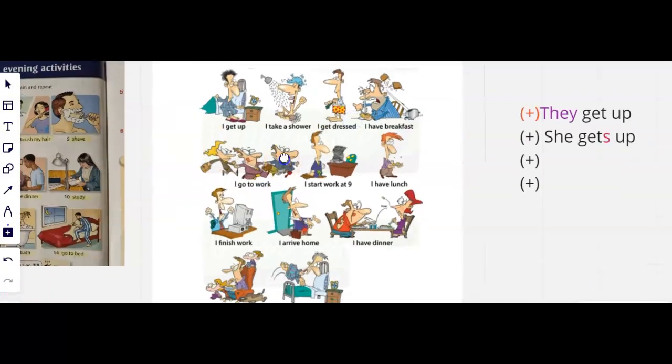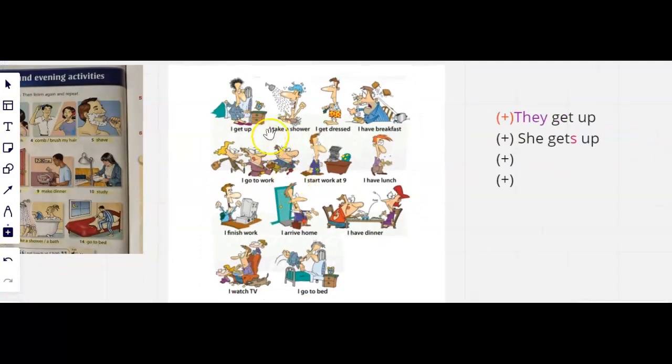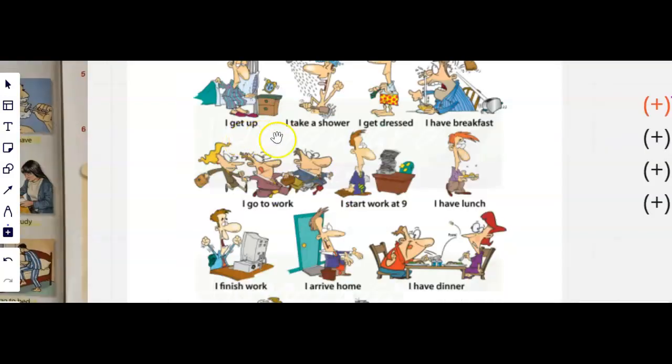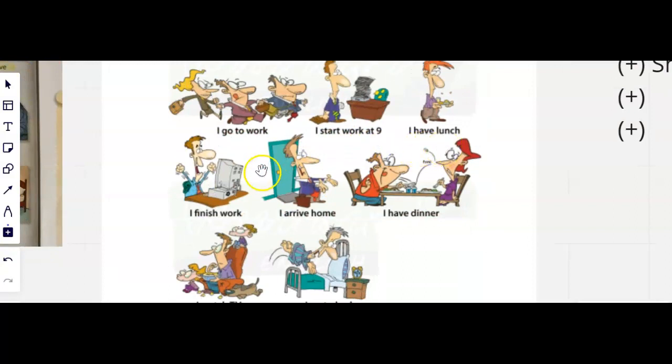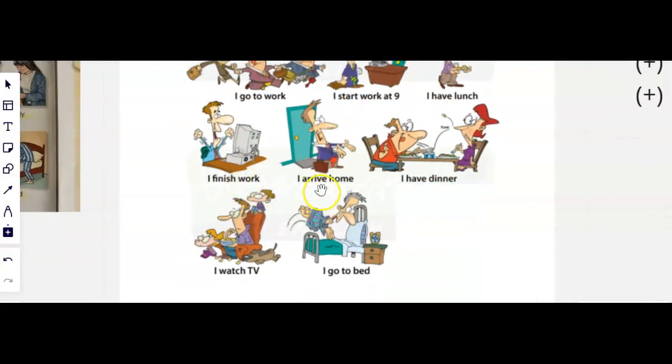You just need to learn some vocabulary when you're talking about your daily routines. In that case, you can say: I get up, I take a shower, I get dressed, I have breakfast, I go to work, I start work at 9, I have lunch, I finish work, I arrive home, I have dinner, I watch TV, and I go to bed.